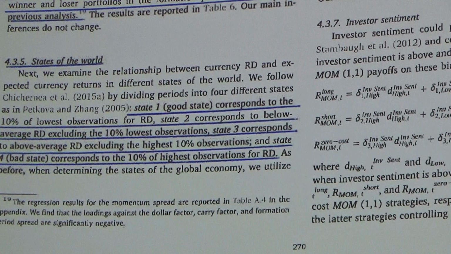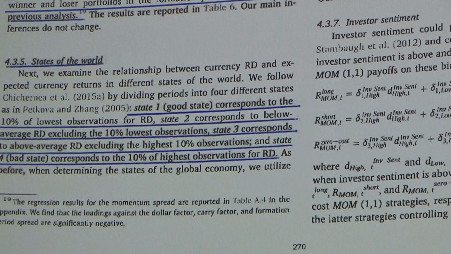Then we regressed our momentum payoffs on these 4 dummies and checked the average payoffs. This is what we see in table 7. What we see is that the payoffs are almost linearly increasing as we move from a low state to a high state of cross-sectional currency return dispersion.